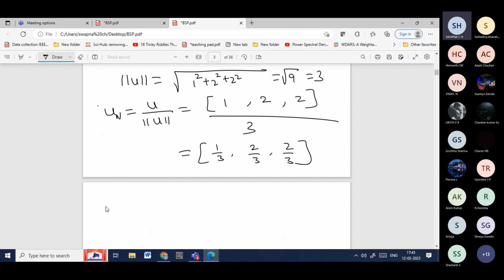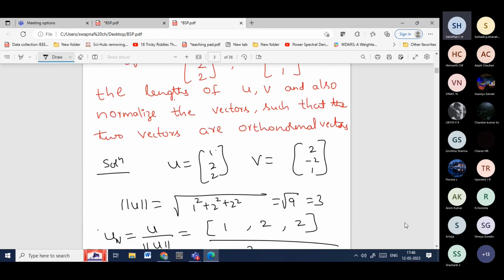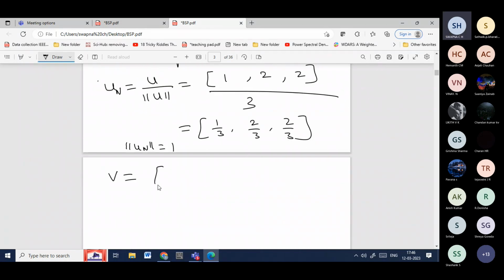And what is the other vector you have? V. If you find the length of un now, it will be equal to 1. You can just check if you have any doubt. It will be the unit vector. Next, v is equal to (2, -2, 1). Again you find the length of this.